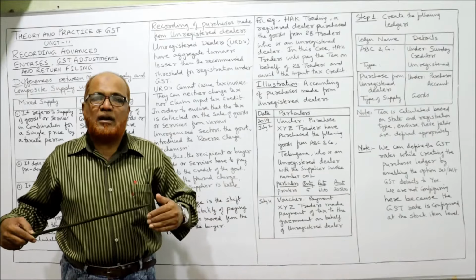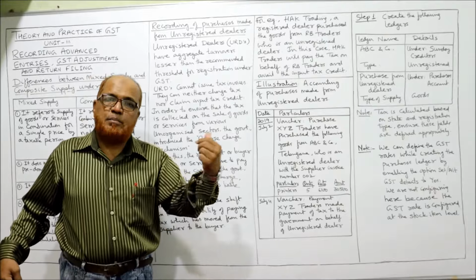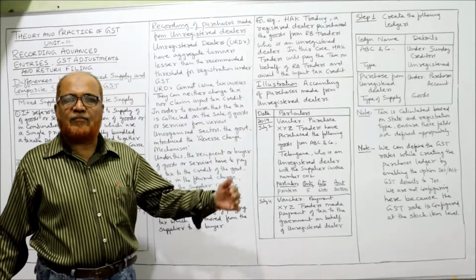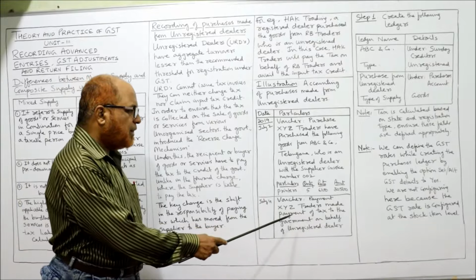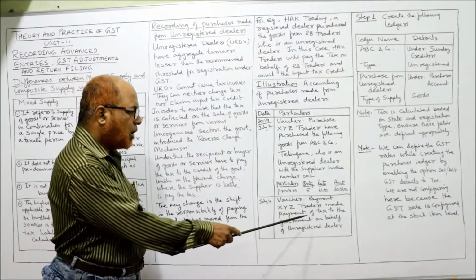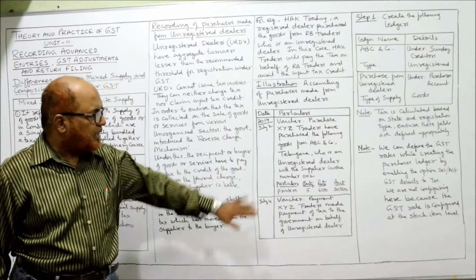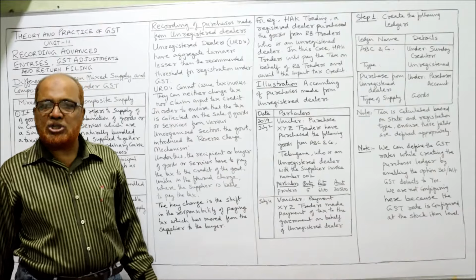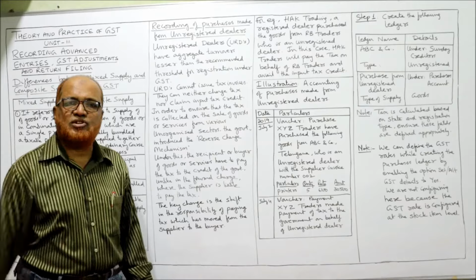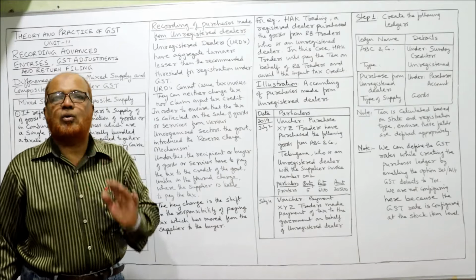So the recipient or buyer of the goods is paying the tax on behalf of ABC. Voucher: payment. XYZ Traders made payment of tax to the government on behalf of the unregistered dealer. This is the situation. Now how to record the transactions in the books of XYZ Traders for purchasing the goods.